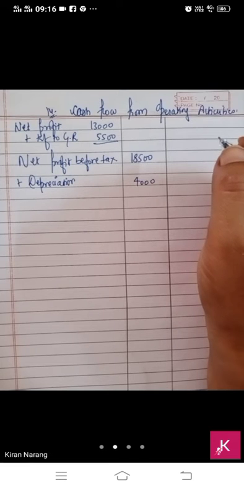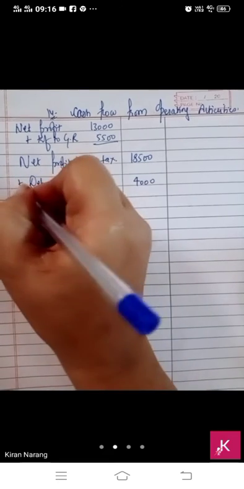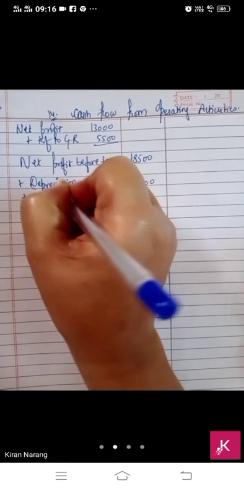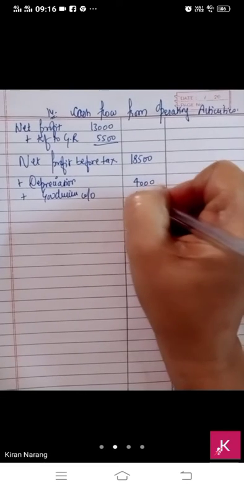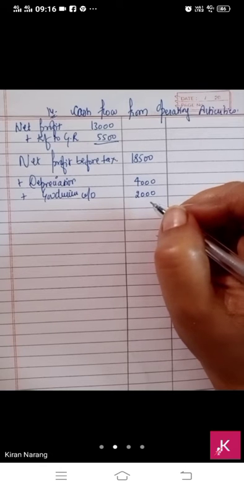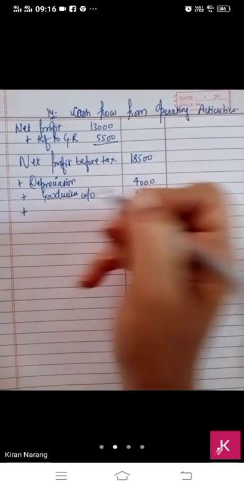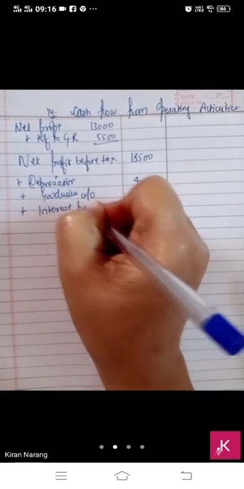Then fourth note, goodwill is reducing this time. 10 to 8, this is goodwill write-off. Amortization of goodwill will be 2,000 only. Rate of interest on investment. Whatever the interest will be on debentures, it will be interest paid.